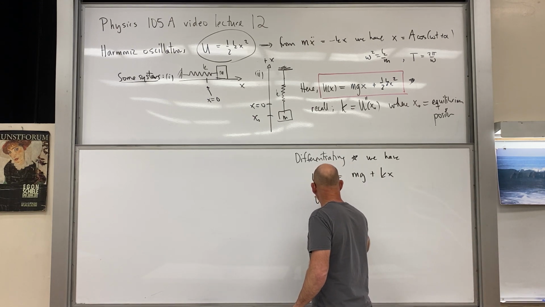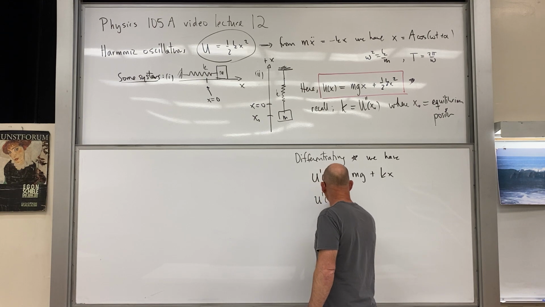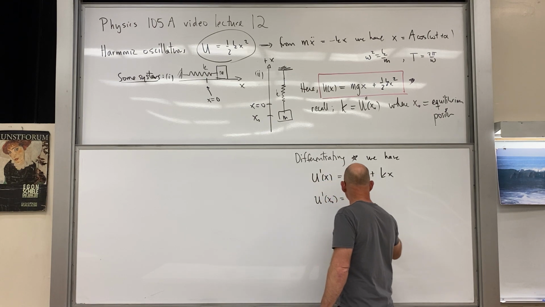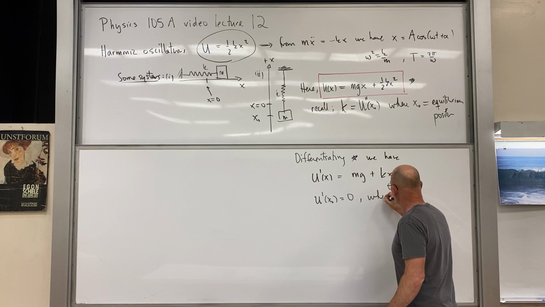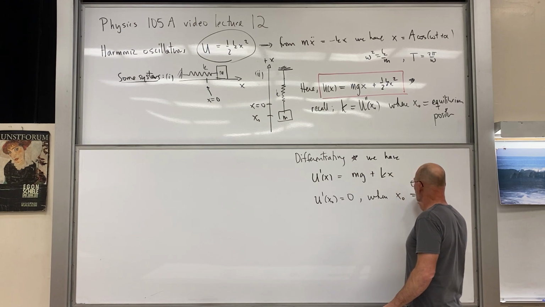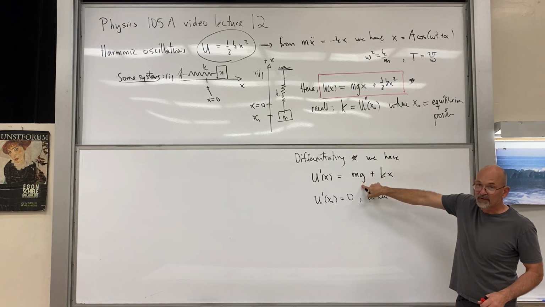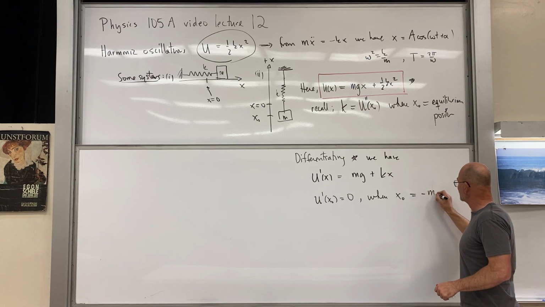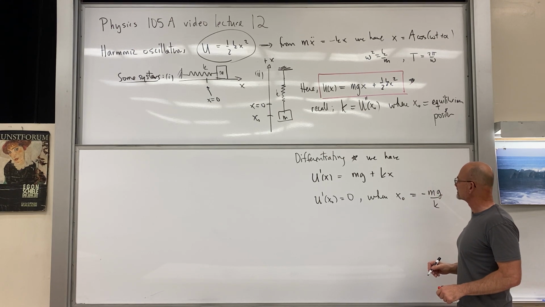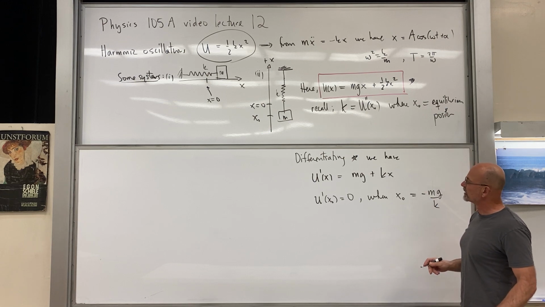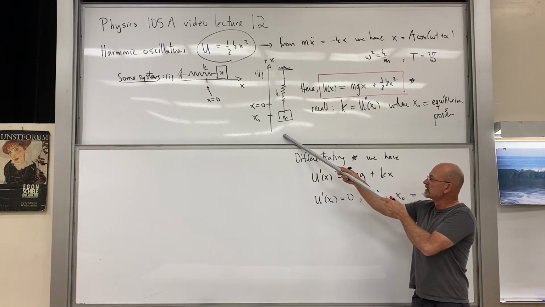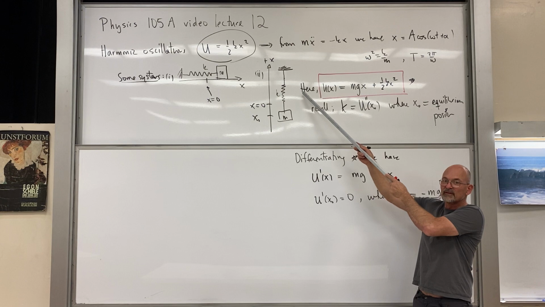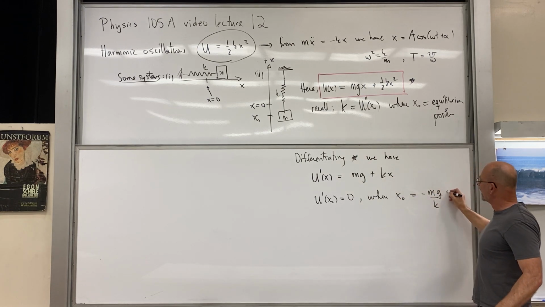So U prime of x0 equals 0 when x0 is equal to, we're just setting this equal to 0 here, minus mg divided by k. That's just the equilibrium position for mg, the force down, kx, the force up. Good, so we have that.